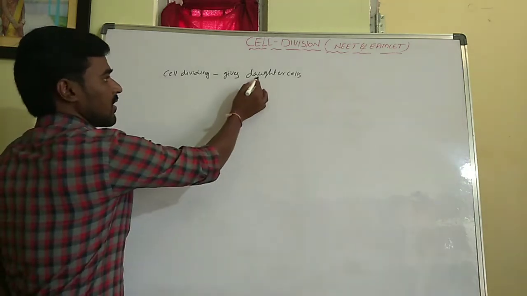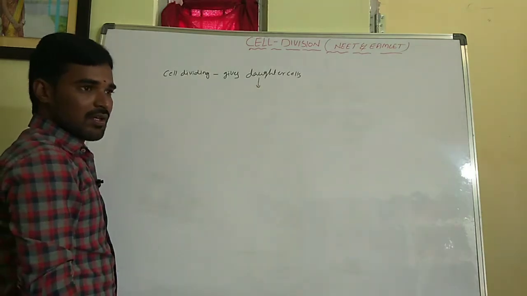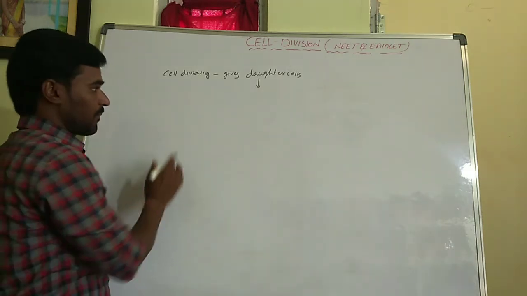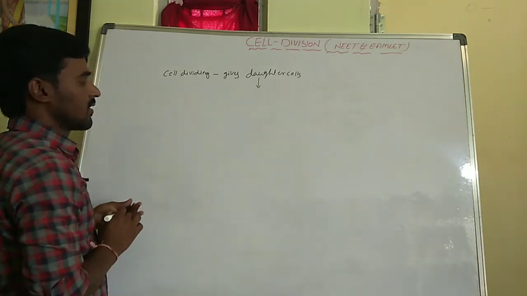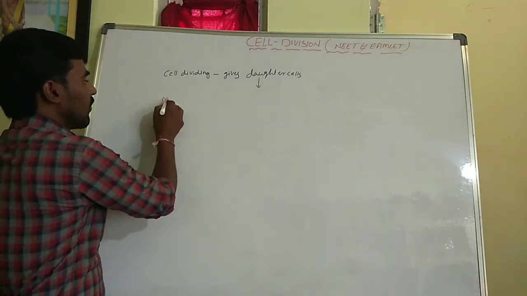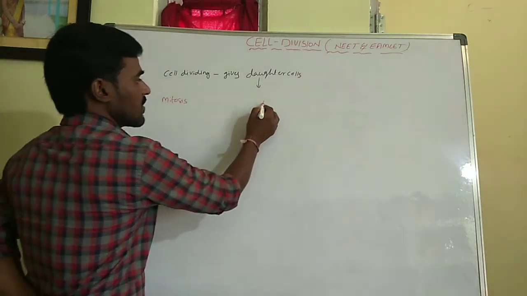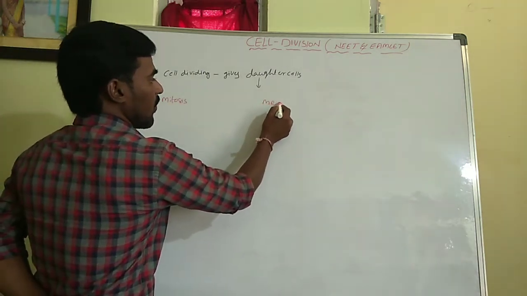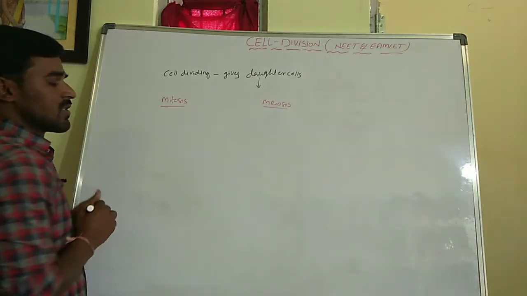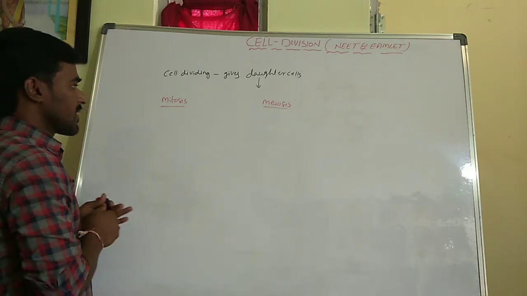Based on the nature of the daughter cells, there are two types of cell divisions. The first one is mitosis, and the second one is meiosis.